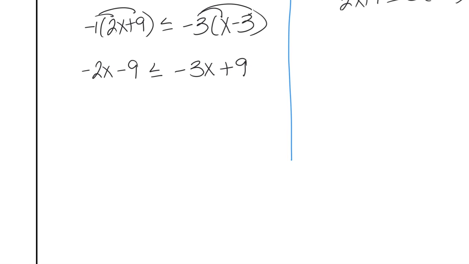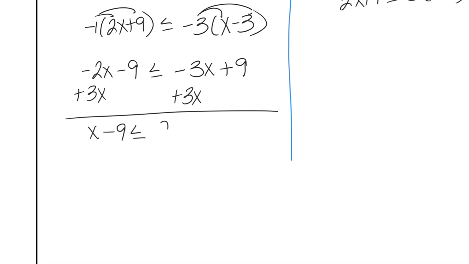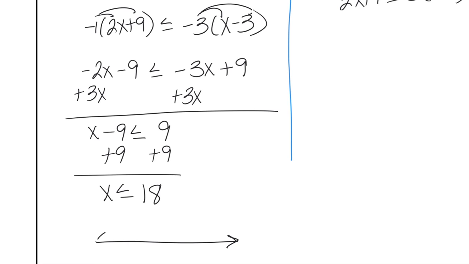Then I can just focus on solving. So I'm going to add 3x to both sides. That leaves me x minus 9 is less than or equal to 9. Add 9 to both sides. x is less than or equal to 18. So on a number line, if this is 0, here's 18.